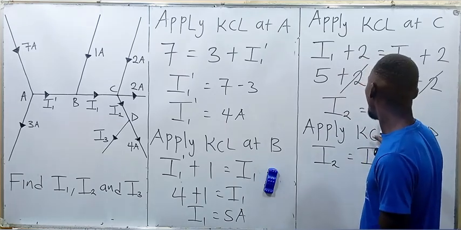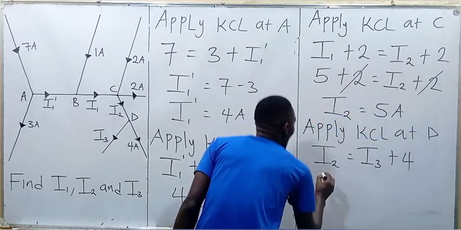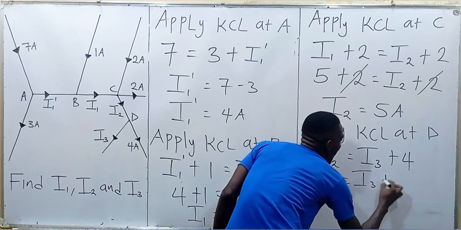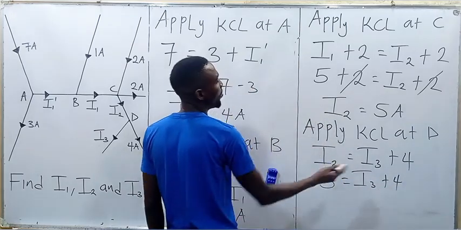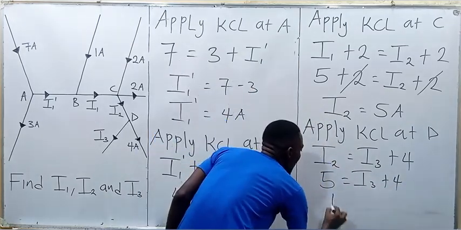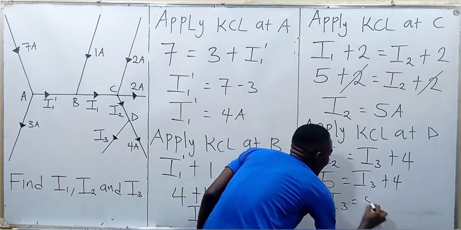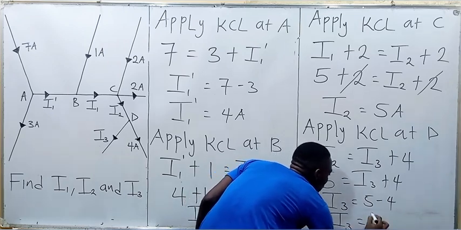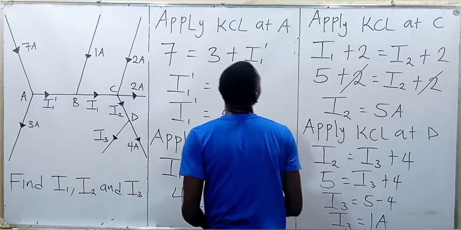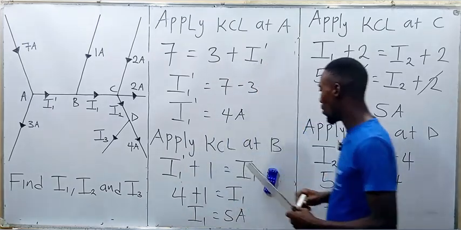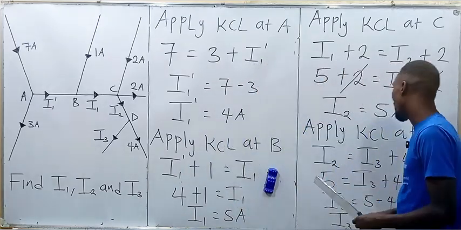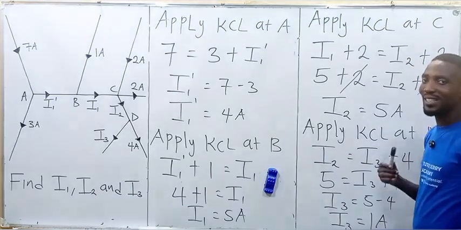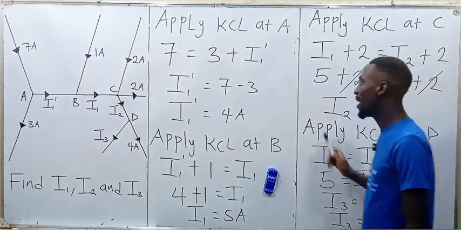We've gotten the value of I2 to be 5, so 5 equals I3 plus 4. If we move 4 to that side, I3 will be equal to 5 minus 4, and I3 will be equal to 1 ampere. So we have gotten the value of I1, which is 5 ampere, the value of I2, which is 5 ampere as well, and the value of I3, which is 1 ampere.